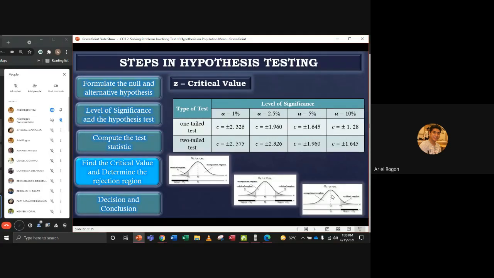In our right-tailed test, the rejection region is at the right side of our acceptance region. And kapag two-tailed test, meron tayong two rejection regions, isa sa left side at isa sa right side. Ito yung illustration ng ating graph.